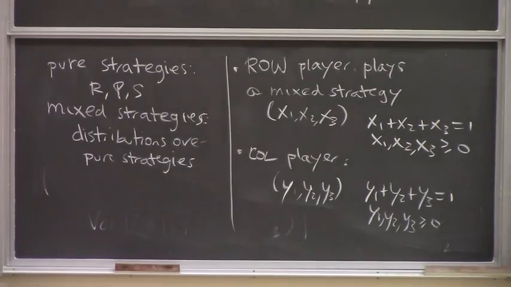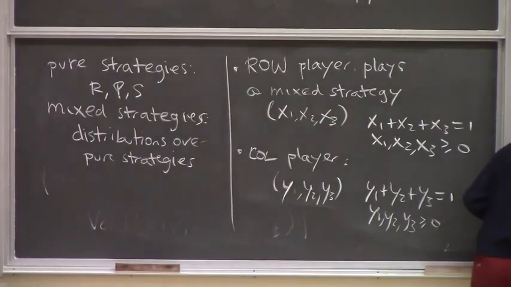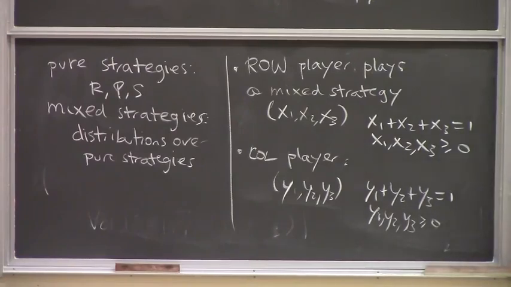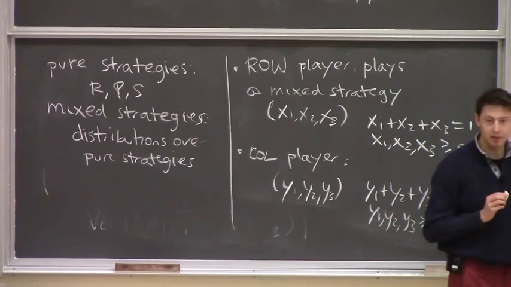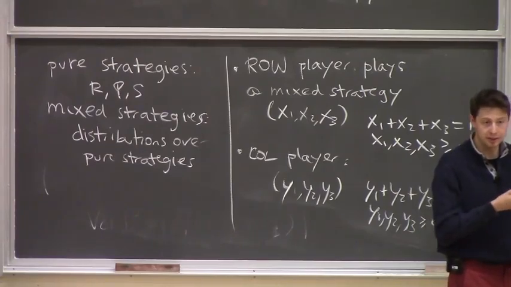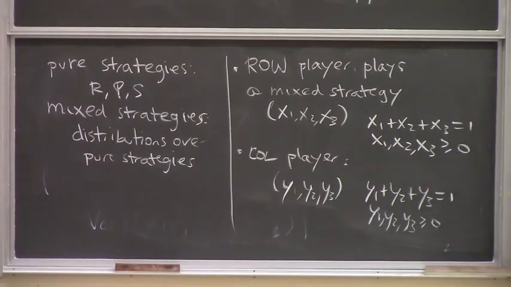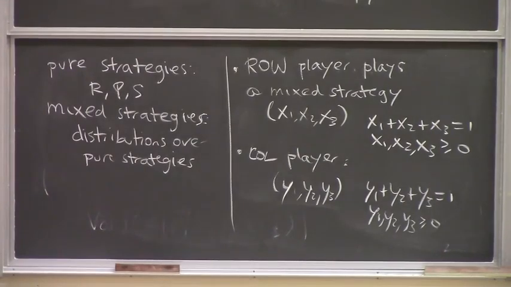So you sum over all the options for the row and for the column, and the payoff matrix is typically denoted by U for utility. You look at the ij-th entry, and you multiply that by xi and yj, right?